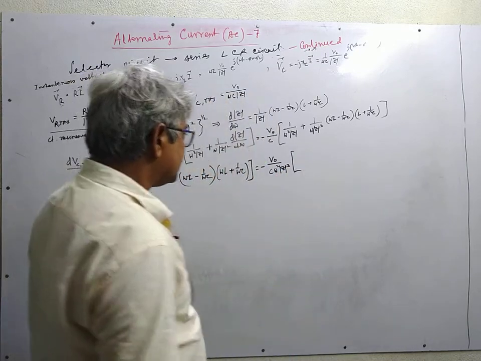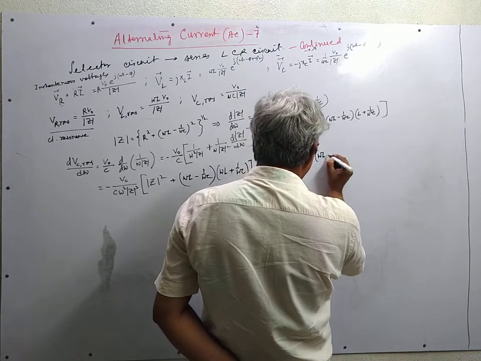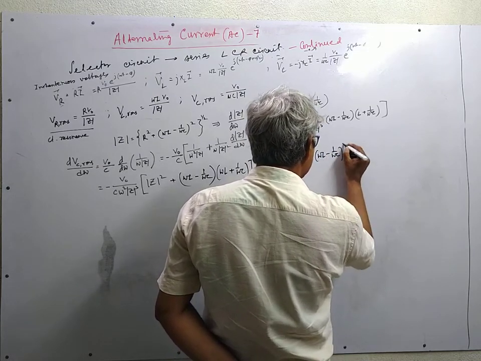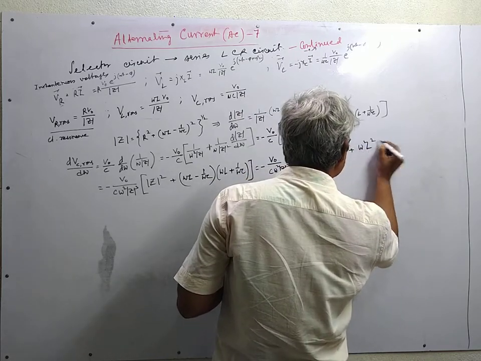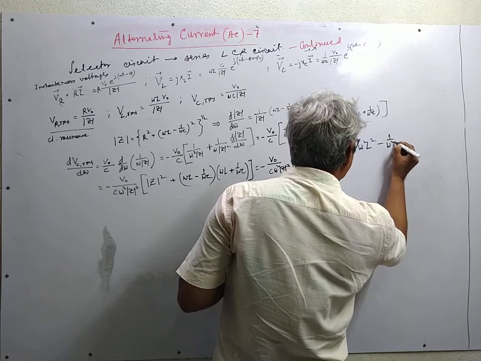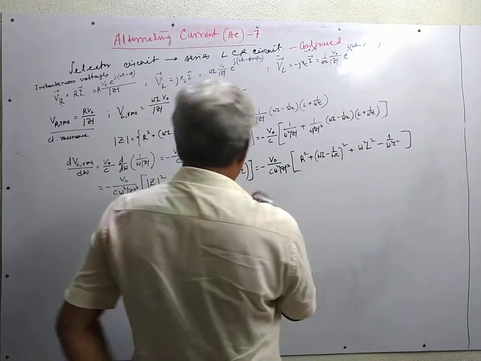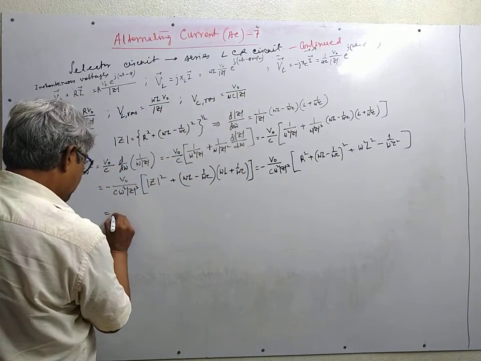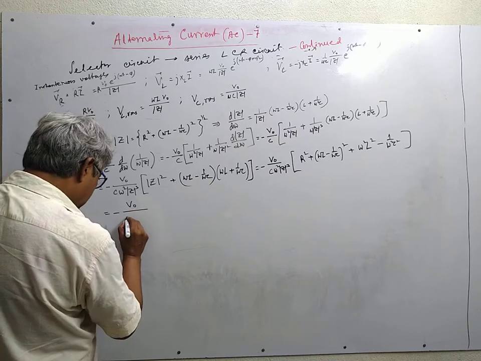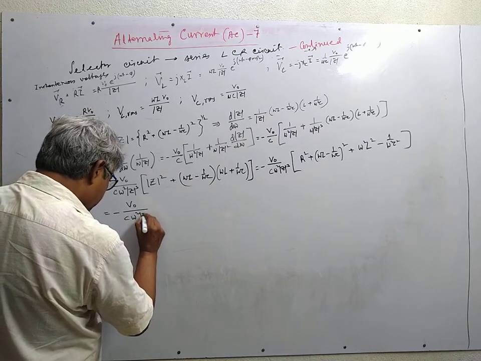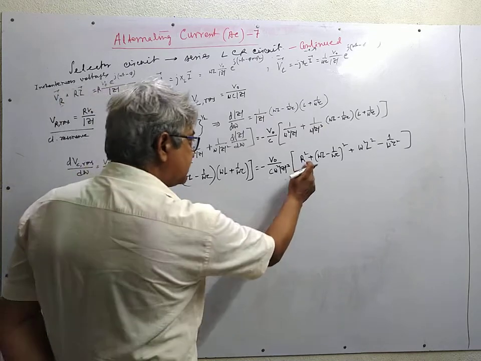This part mod Z square is R square plus omega L minus 1 upon omega C whole square, and from this part we have omega square L square minus 1 upon omega square C square. If we expand it, we get minus V0 by C omega square mod Z cube, and within bracket this is R square.